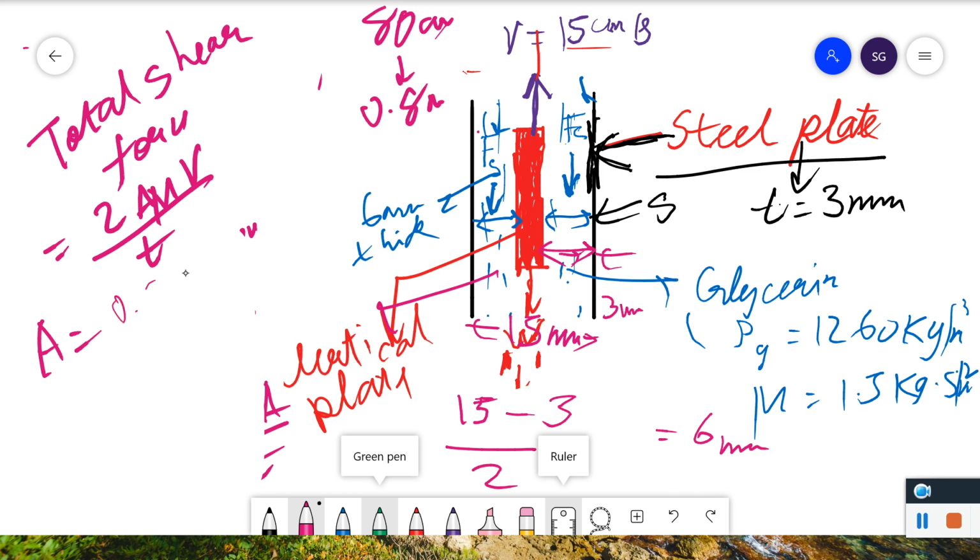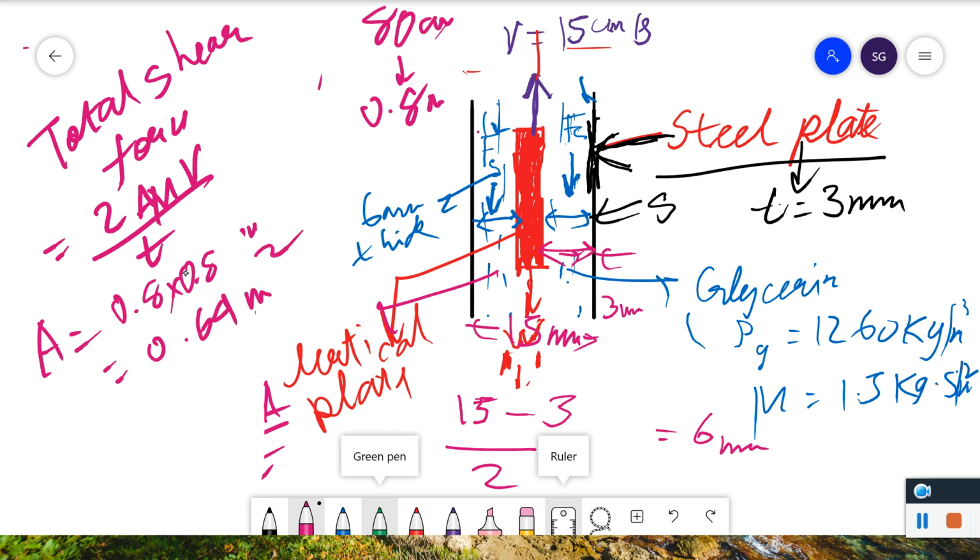So 0.8 into 0.8. Why 0.8 into 0.8? It was written in the question that it has a square cross section. You can assume that it is dipped and has a square cross section, and the area in contact will be only the square section. So it will be 0.64 meter square.